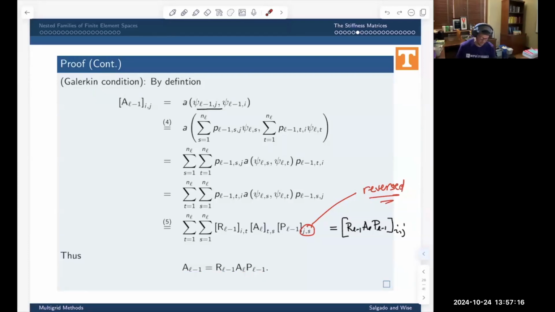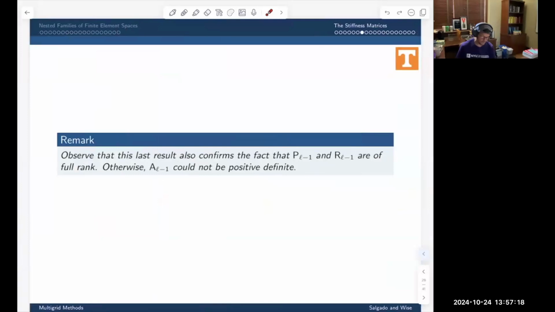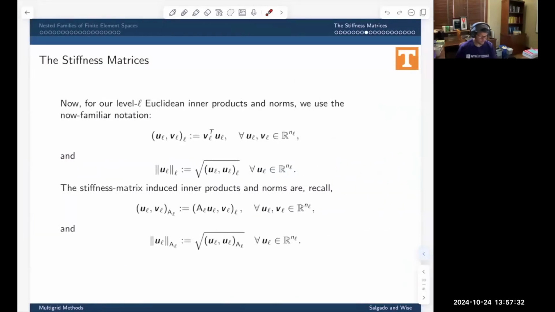And so that holds. Okay, so that's another proof that P_{L-1} and R_{L-1} are full rank. Otherwise, A_{L-1} could not be positive definite. The best we could say about it is that it would be positive semi-definite. All right, so that's some facts about the stiffness matrices out of the way.